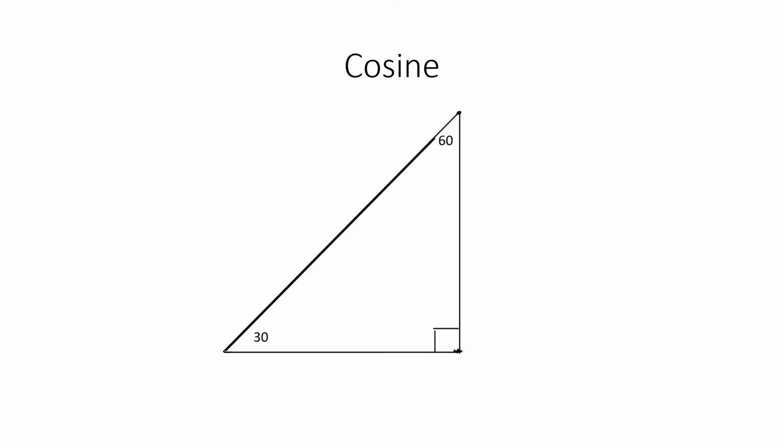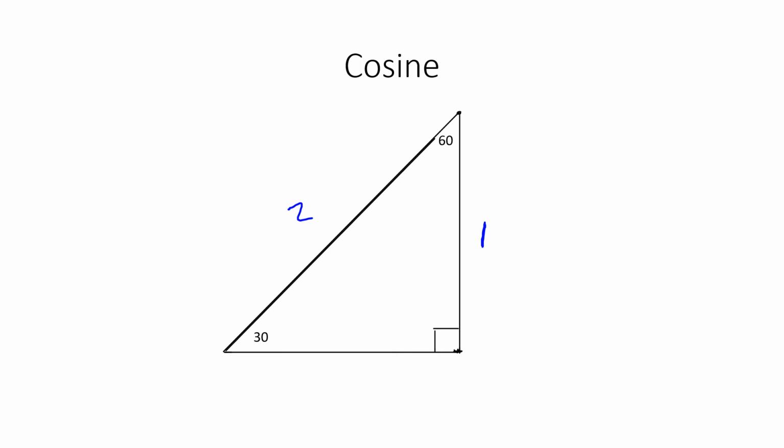So let's say that we had, this should be square root of 3, this should be 1, and this should be 2. So if we were to find, let's say, the cosine of 30 degrees, we're going to go adjacent, so let's fix that.